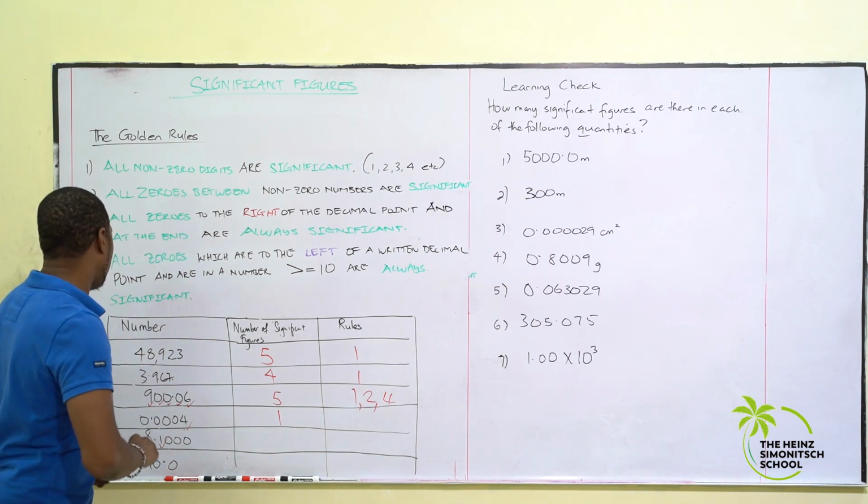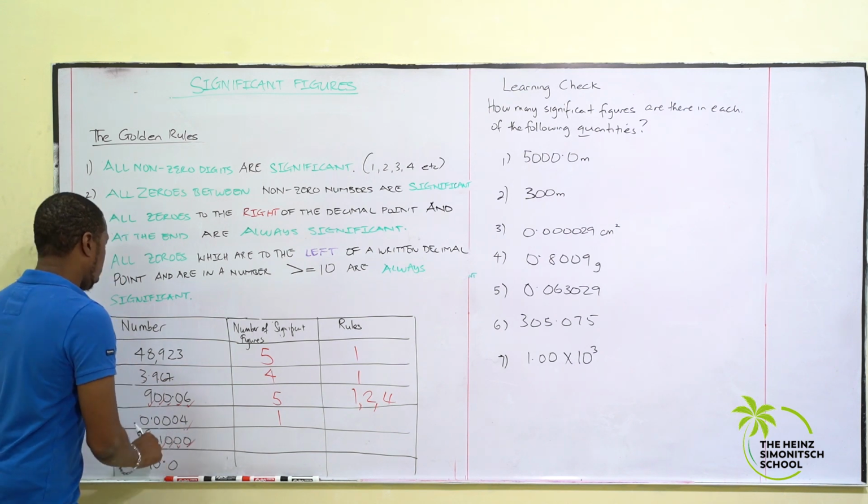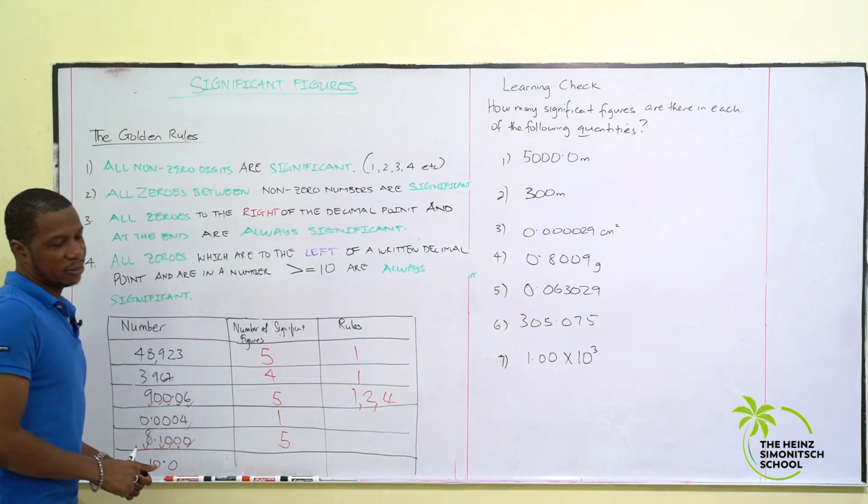So in total here, we have 1, 2, 3, 4, 5. We have 5 significant figures there.